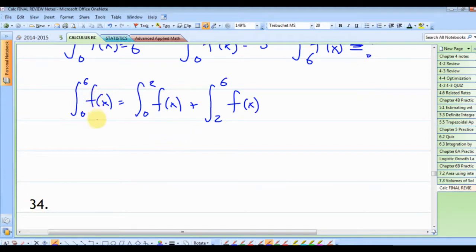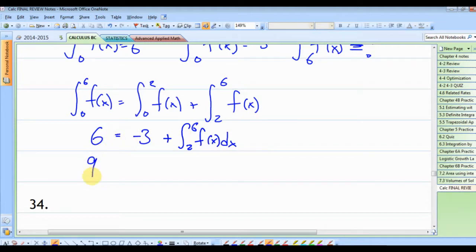We know 0 to 6 is 6. We know that 0 to 2, I'm looking for it, is -3. And now we're just left with the one unknown integral, which you should feel comfortable manipulating using some algebra. If you add 3 to both sides, you'll get 9 equals the integral from 2 to 6.